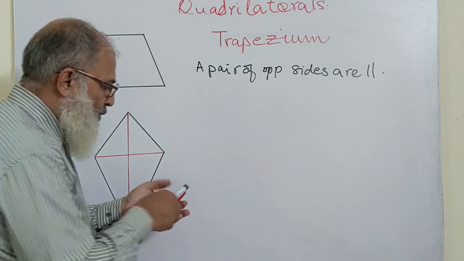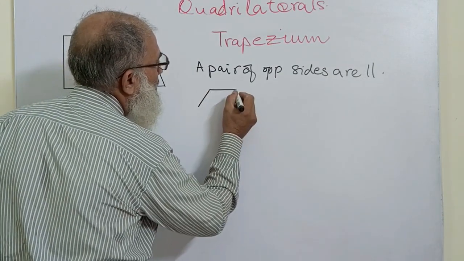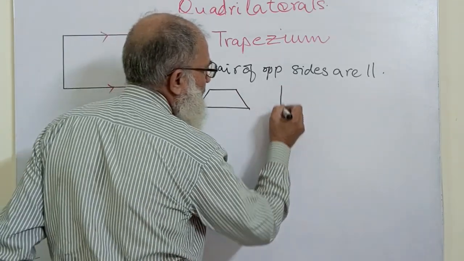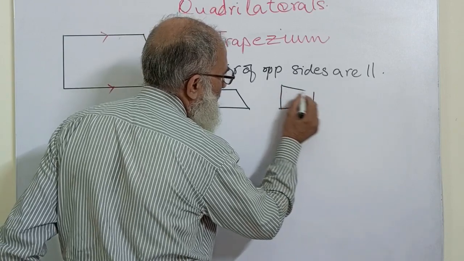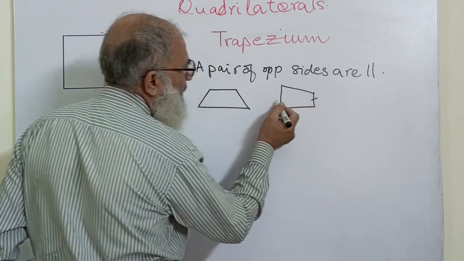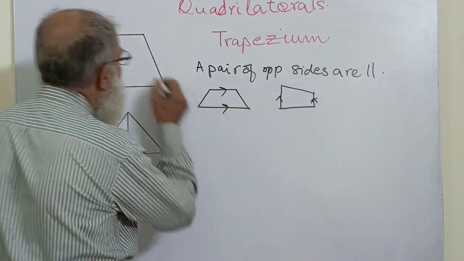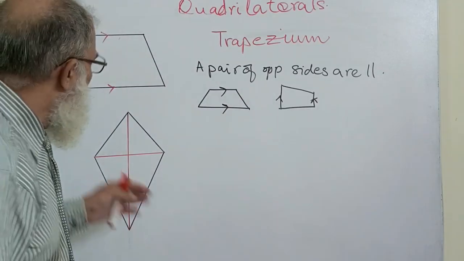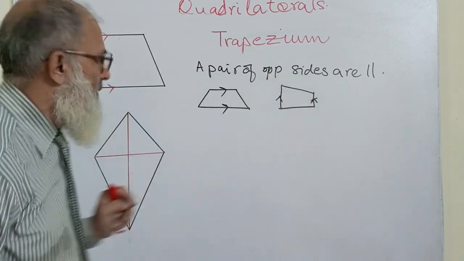Now this is also a trapezium. This is also a trapezium because this is parallel to this, and similarly this is parallel to this. These all shapes are trapezium because a pair of opposite sides are parallel.